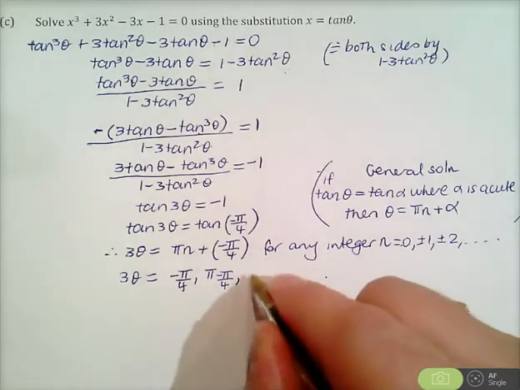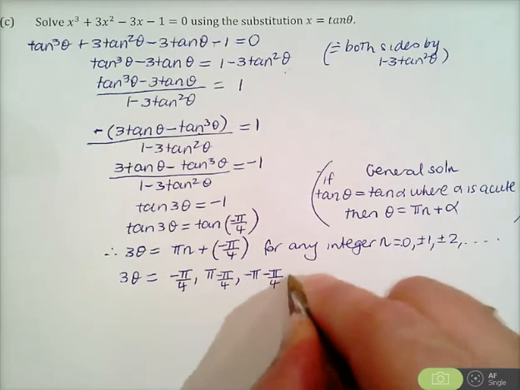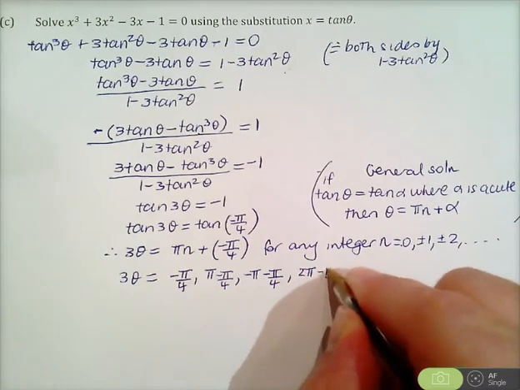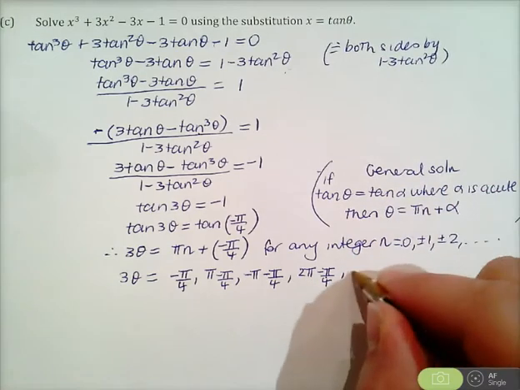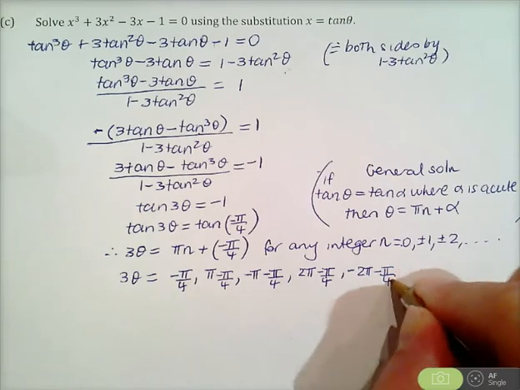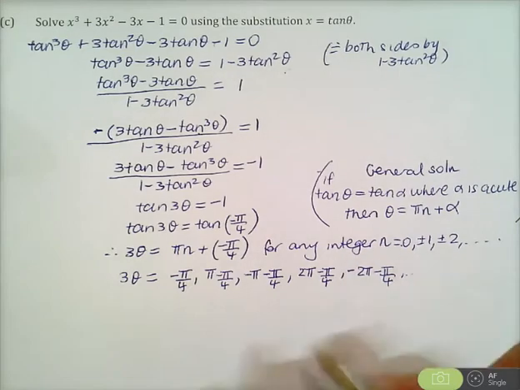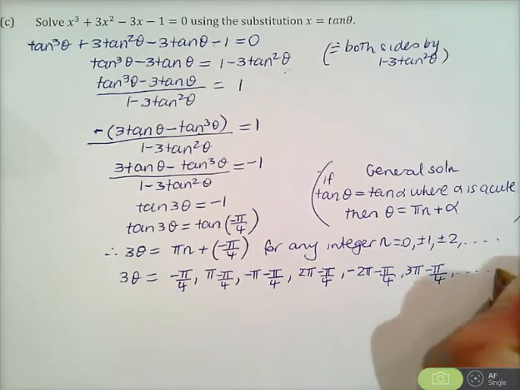When n is negative 1, we get minus pi on 4. When n is 2, we get 2 pi minus pi on 4. When n is negative 2, we get negative 2 pi minus pi on 4, etc. We can also do when n is 3, for example, we get 3 pi minus pi on 4, and I'm not going to do any more.